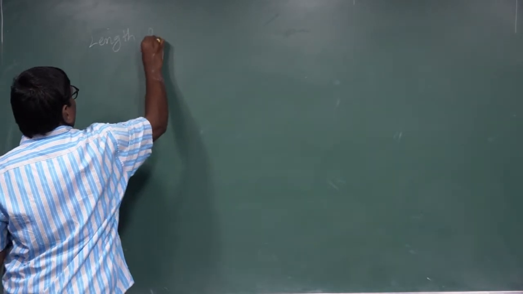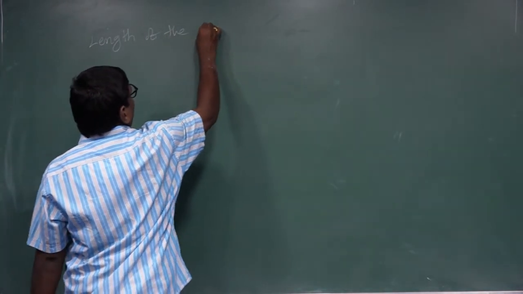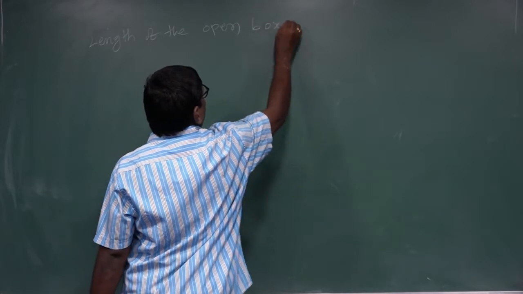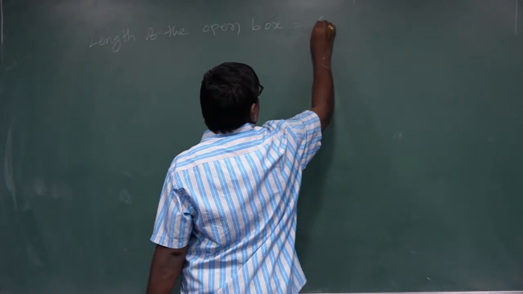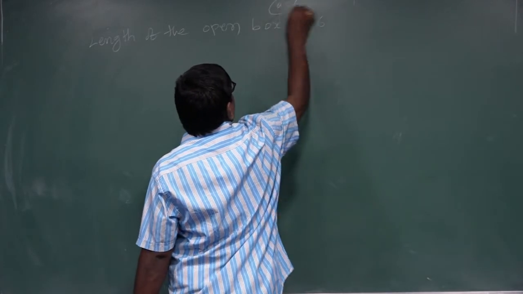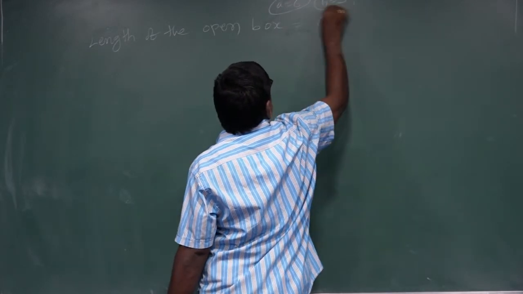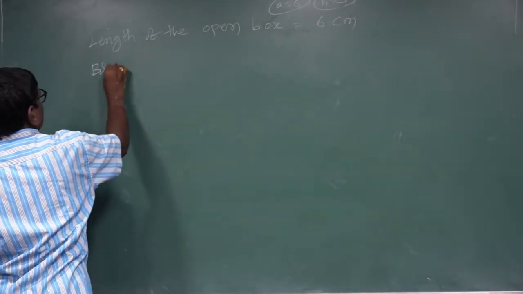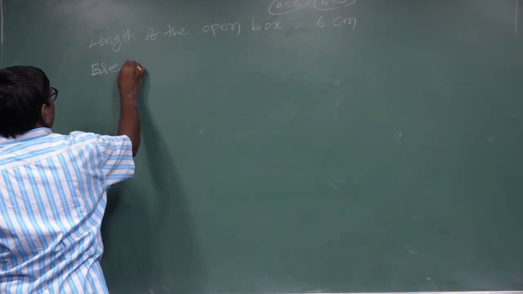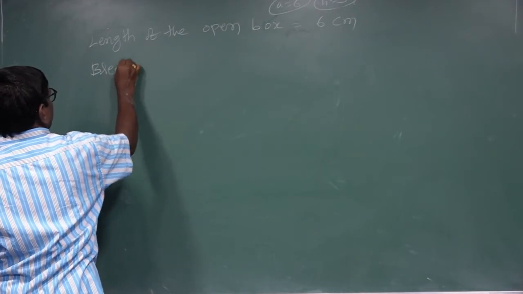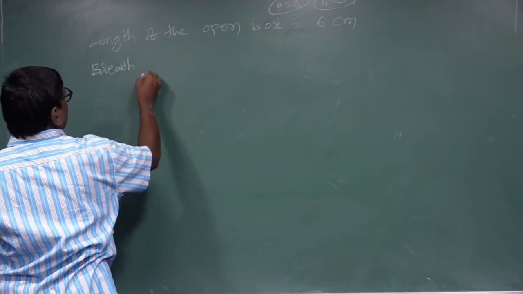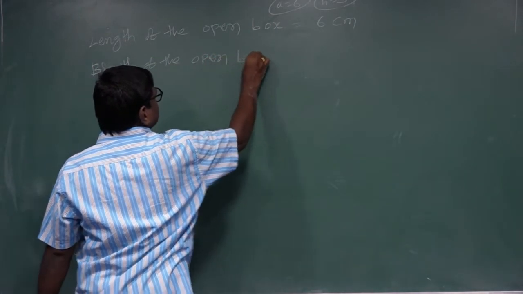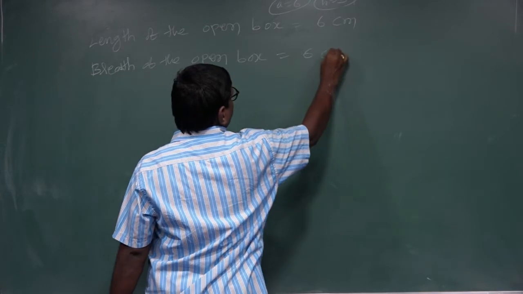A value is 6, H value is 3. Length of the open box equal to 6 centimeters. Breadth of the open box equal to 6 centimeters.